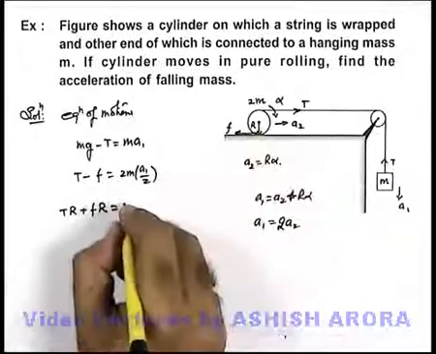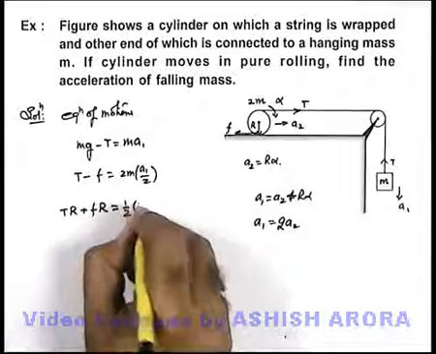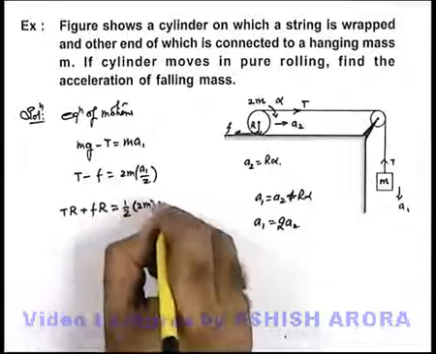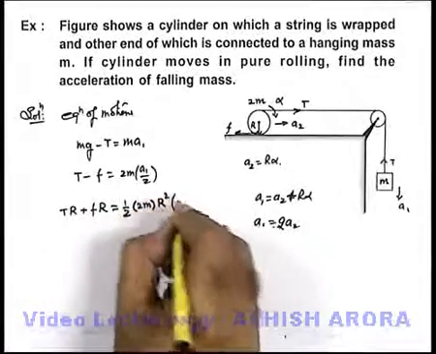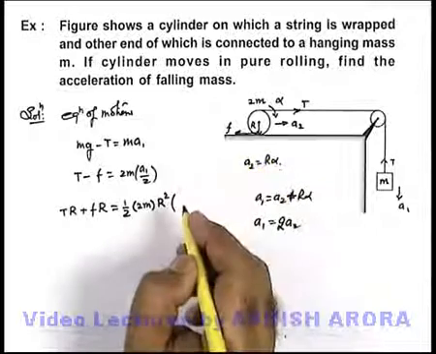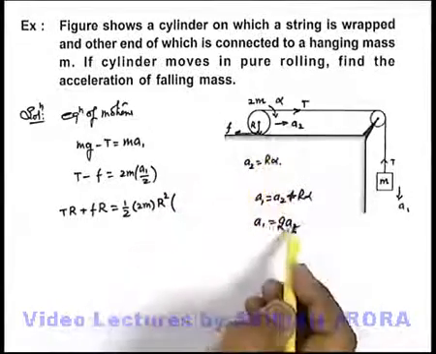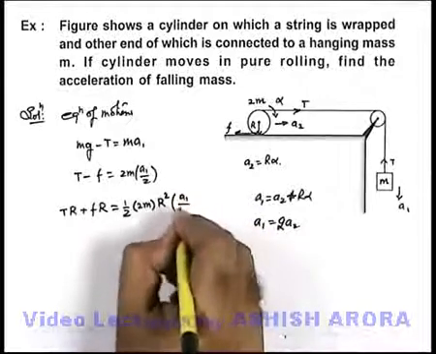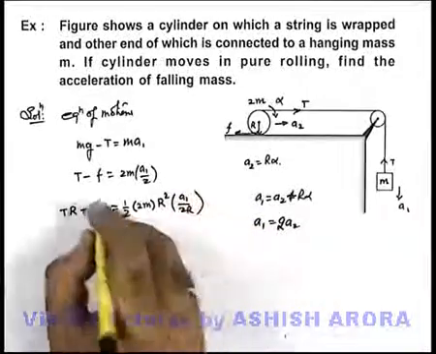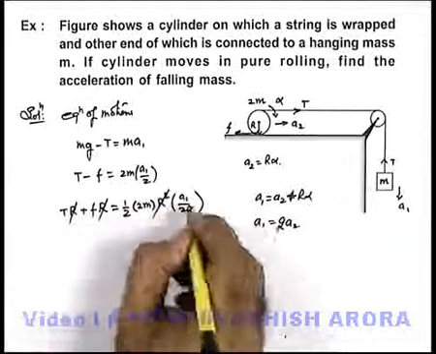For a cylinder, its moment of inertia can be written as half mass of cylinder into R square, and its angular acceleration can be written as a2 by R, which is a1 by 2R. So, in this situation, this R gets cancelled out.